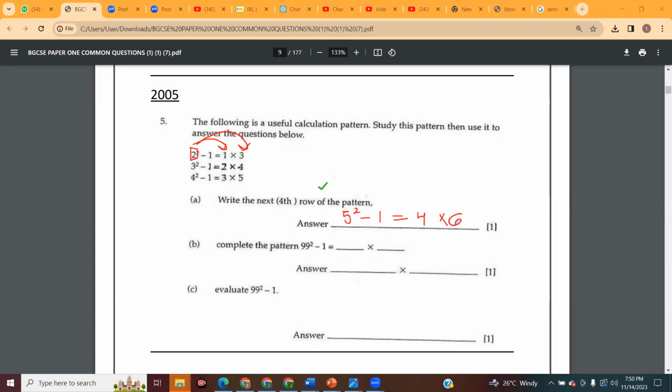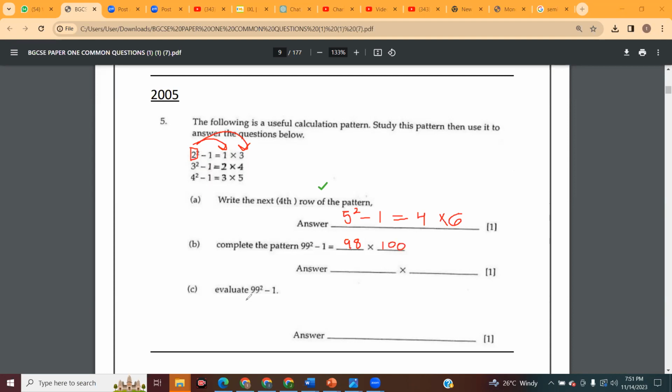Yeah. And then 99 squared minus 1 is going to be 98 multiplied by what? You minus 1 and then you add 1 for the next one. Okay, and to make it 100? Yeah, 100.